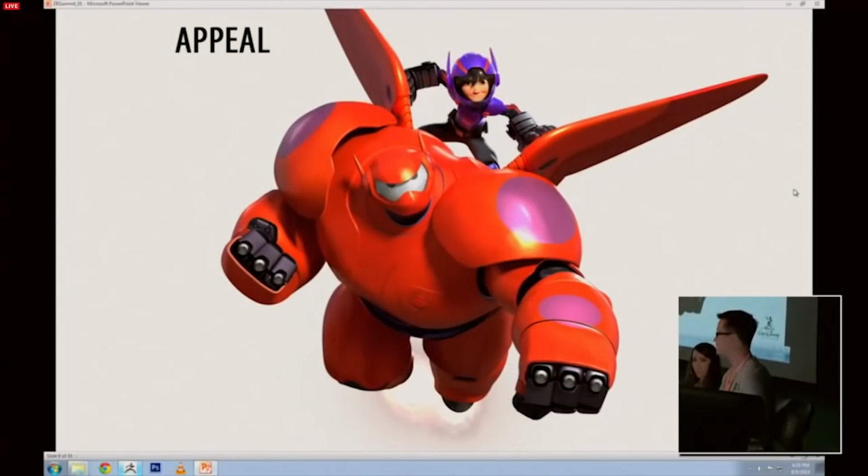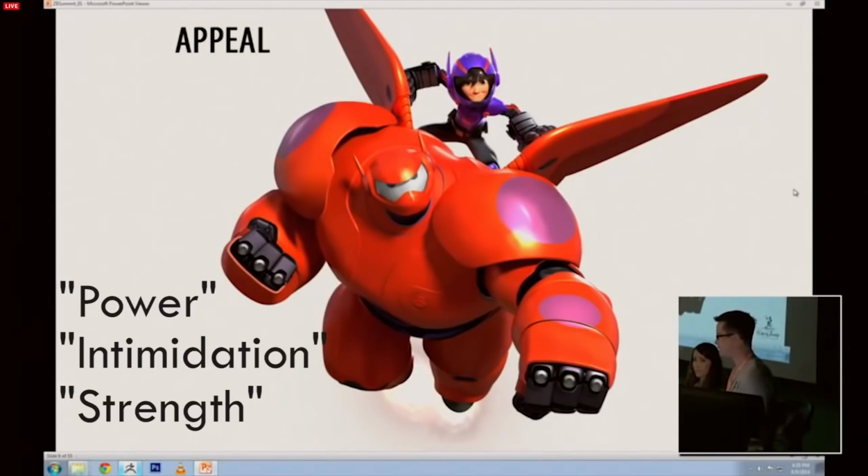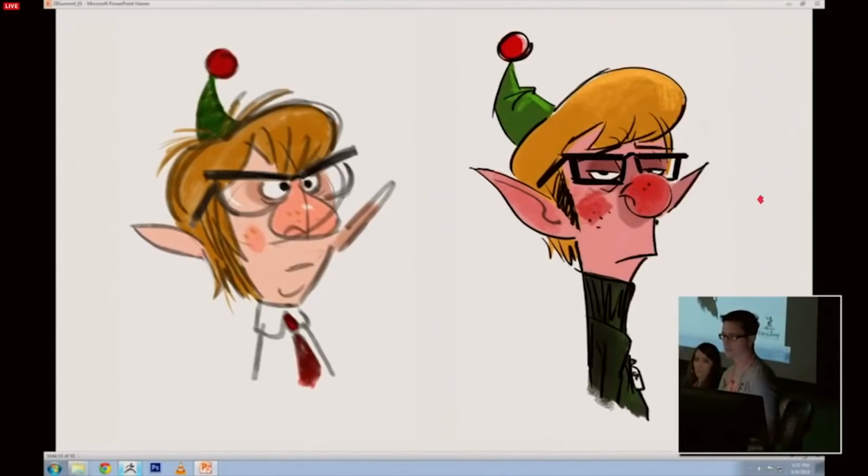And at one point he turns Baymax into this superhero, so he builds all this mech armor and throws it on him. So when we were designing this character, we did the same thing. Is it appealing? But in this case, we're looking for power and intimidation and strength. Let's see one last clip. And they said this one is more appealing because it evoked the emotions that they were after.